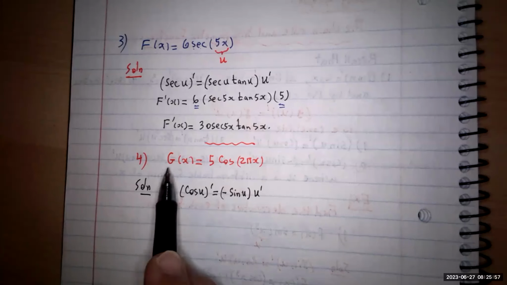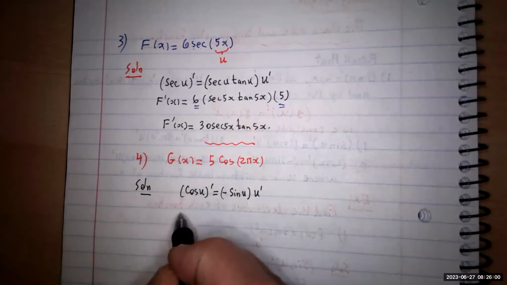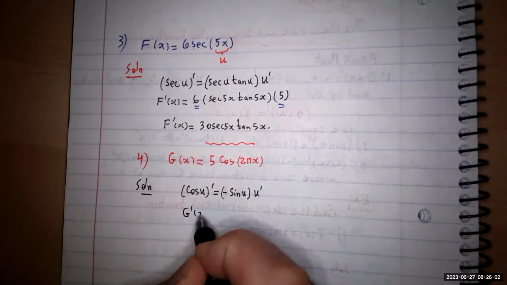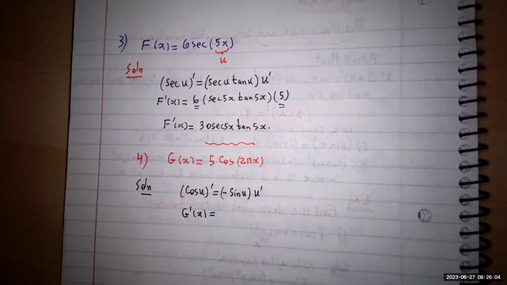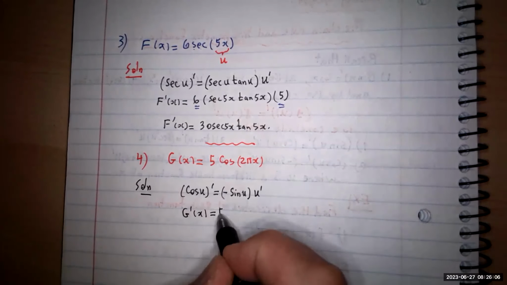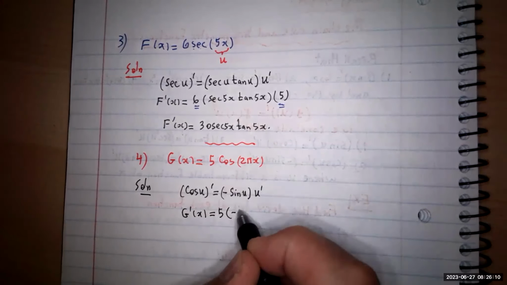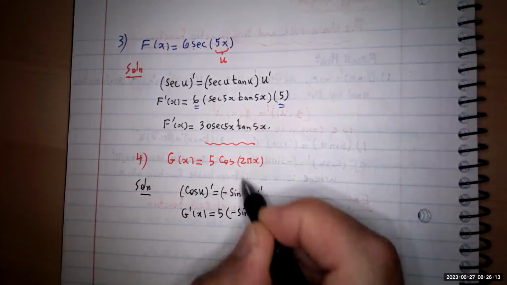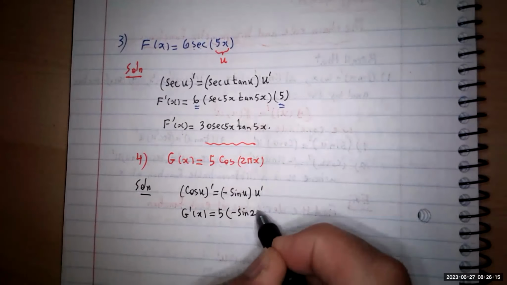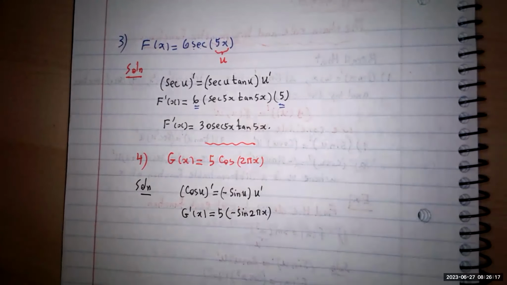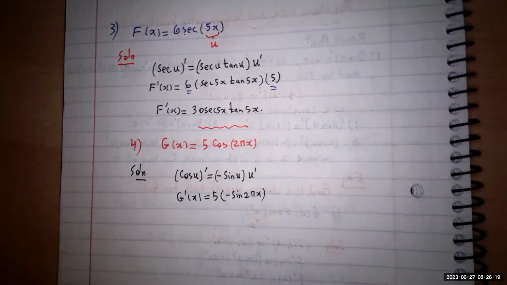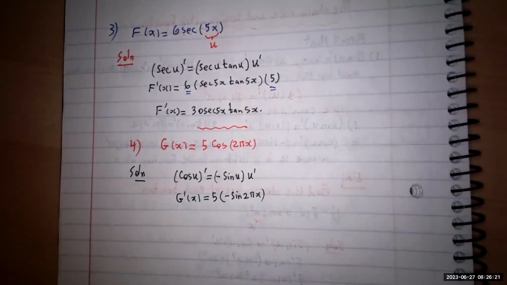Now we're going to operate. So what is g prime of x? G prime of x is equal to 5, a number, times the derivative of the cosine, negative sine of the angle, 2 pi x. That would be the derivative of the outside.